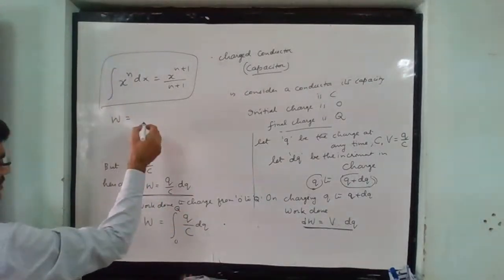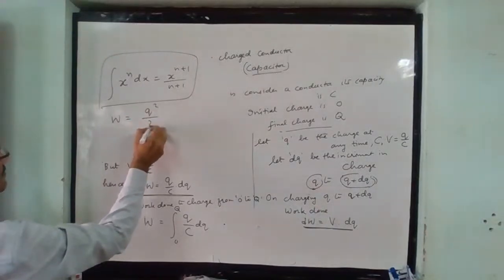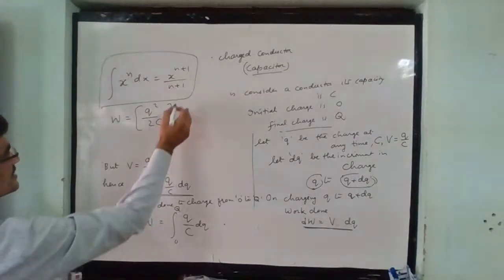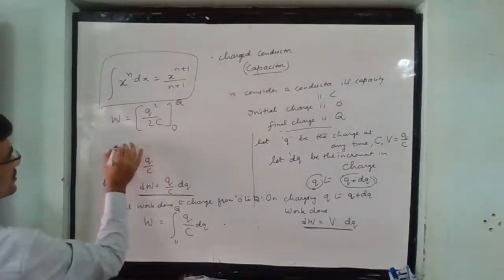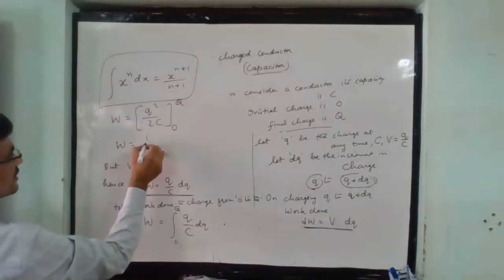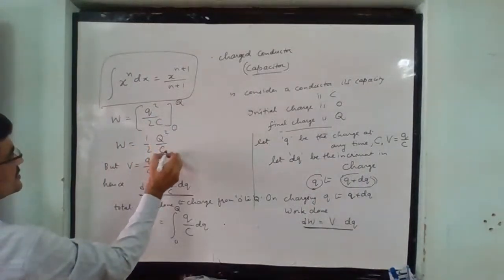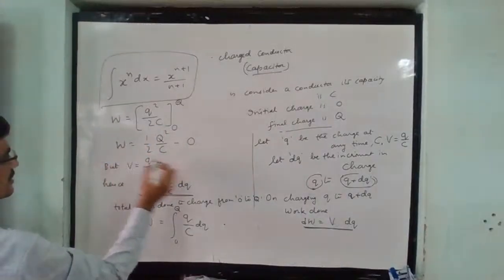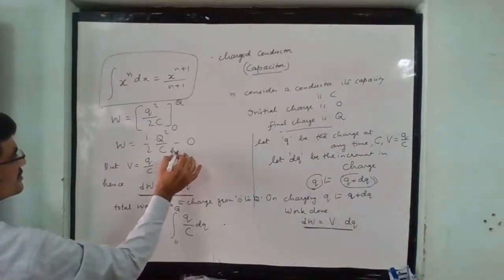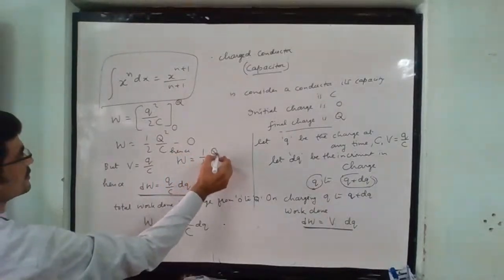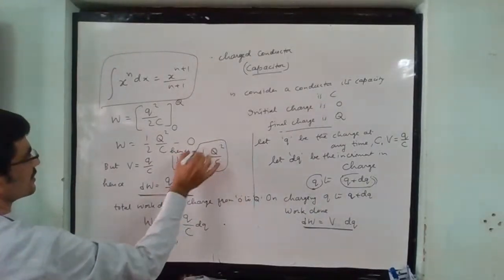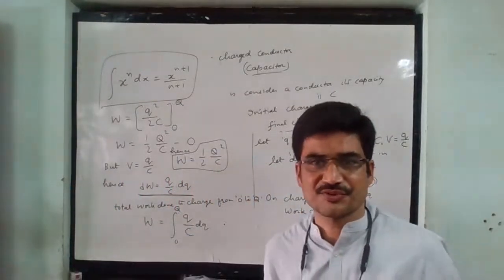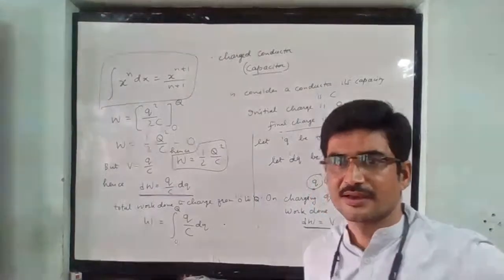So W is equal to Q square by 2, with initial charge 0 and final charge capital Q. When you put this value here, we get the final charge. Right. So this is the formula. Hence, W is equal to half Q square by C.